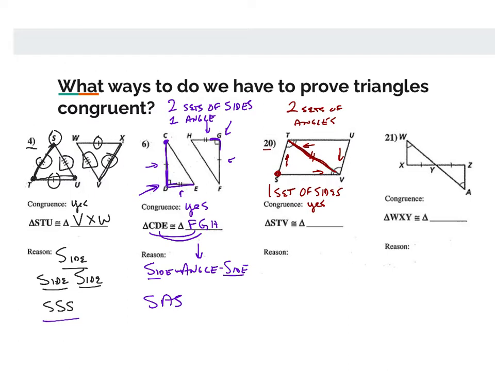So if we go S, T, V, that's going to be congruent to U, V, T. This S matches up to U, and then I go down to V, and then back up to T. Because I have two sets of angles and the included side, that'll be my angle, side, angle. This one's a postulate, but if you just said ASA, you would be fine.